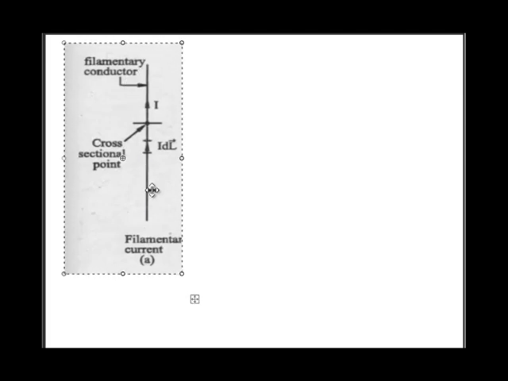So it is a thin filament carrying uniform current I flowing from bottom to top. Its direction is shown here, and let the differential length be dl, and the current element be I into dl. So this is the case where we can say that it is a thin filament carrying current I with a differential current element I dl.